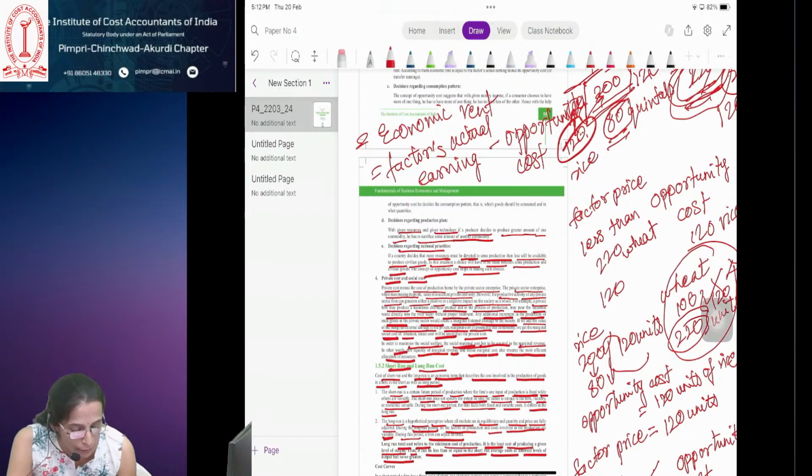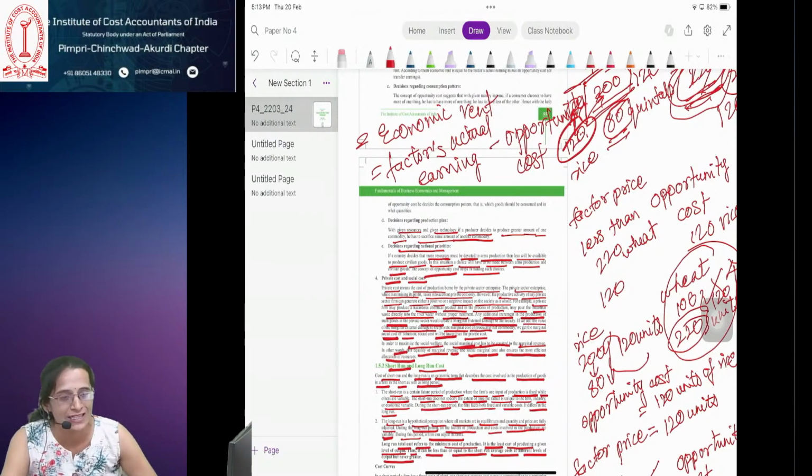The concept of opportunity cost suggests, with the given money income, if a consumer chooses to have more of one thing, he has to have less of another thing. Hence, with the help of opportunity cost, he decides the consumption pattern, that is, which goods should be produced in what quantities. Decisions regarding national priorities.